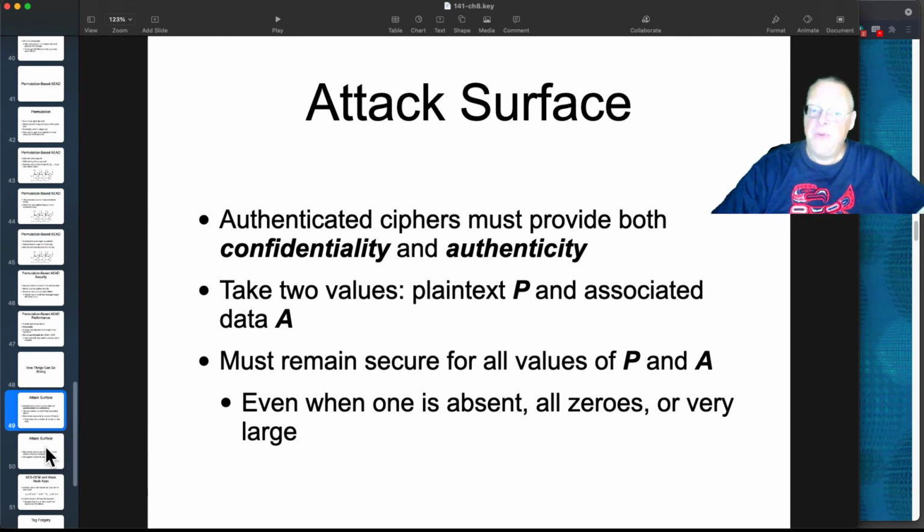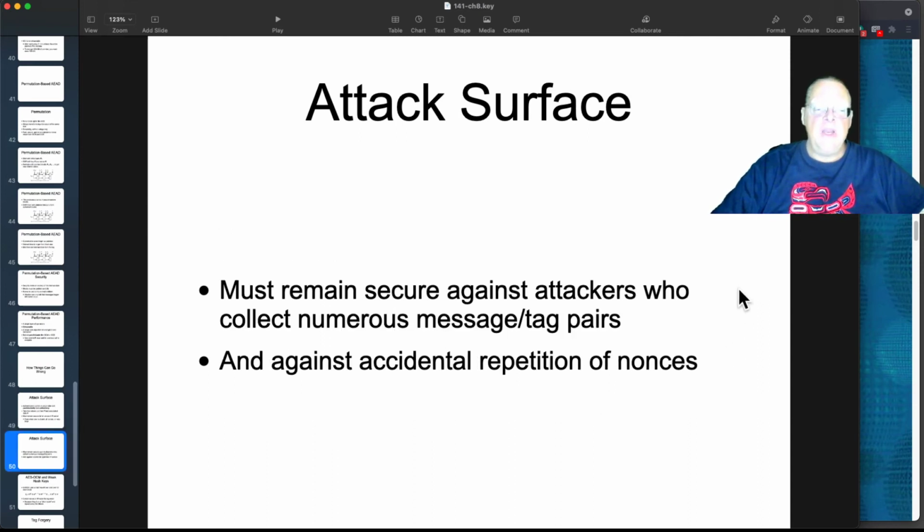That's one issue. You must be able to collect numerous message tag pairs and not break in. Almost all the attacks against TLS, like the BEAST attack, the CRIME attack, Lucky 13, there's about a dozen of them. They all rely on getting millions and millions of encrypted tags by just doing many HTTPS requests. But that's something you can really do, so you have to watch that.